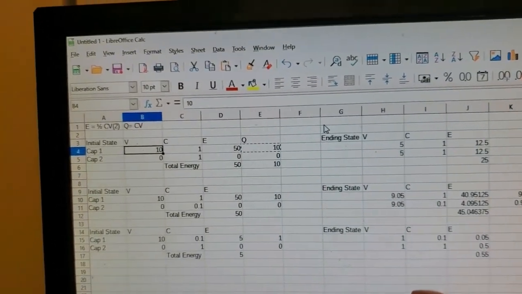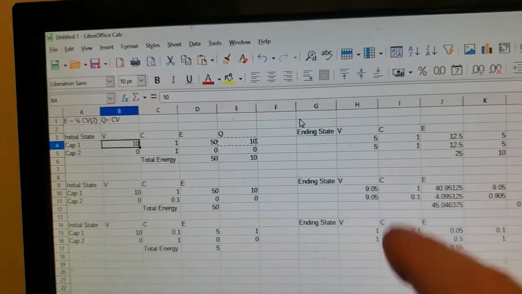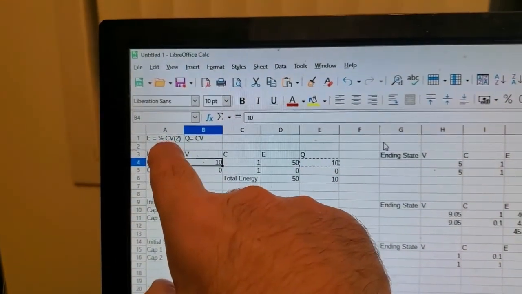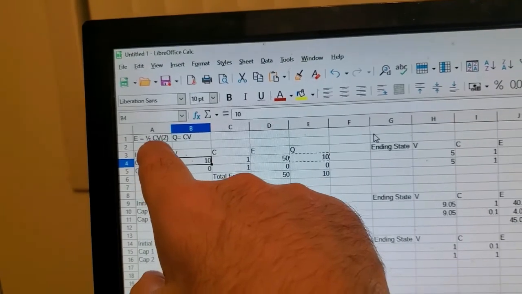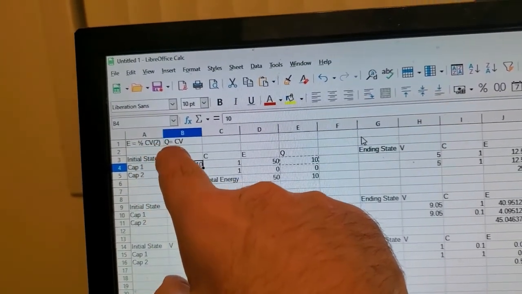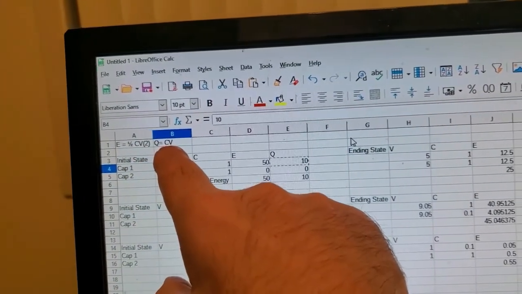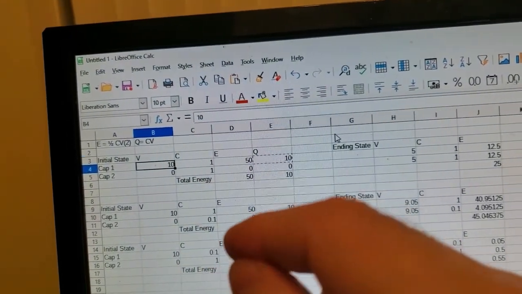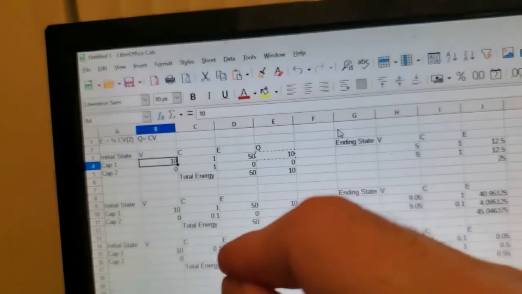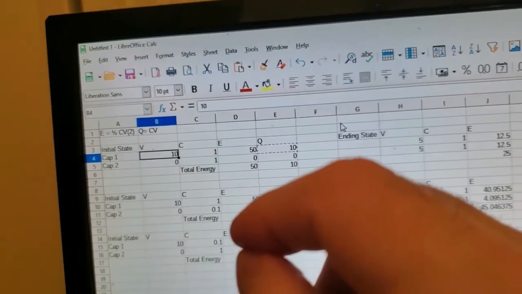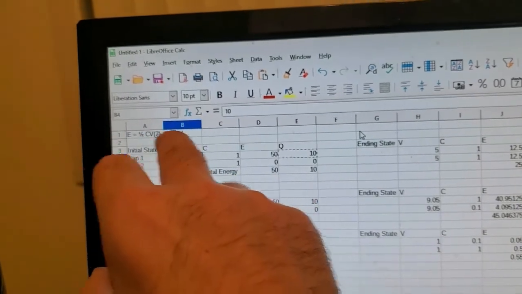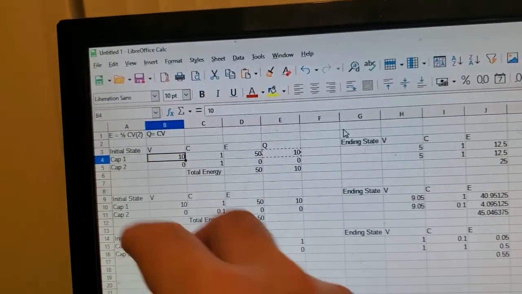And then it becomes a philosophical question. Is that more important than the fact that mathematically E equals 1/2 CV squared and Q equals CV cannot both simultaneously be conserved, yet they're both put forth as immutable laws, yet mathematically only one of them can hold?